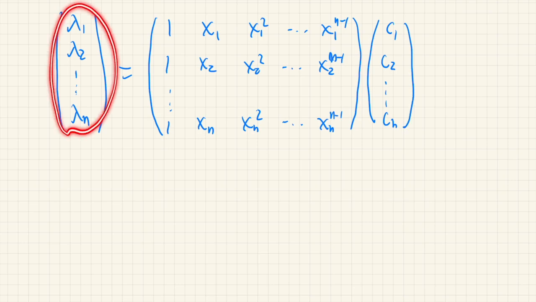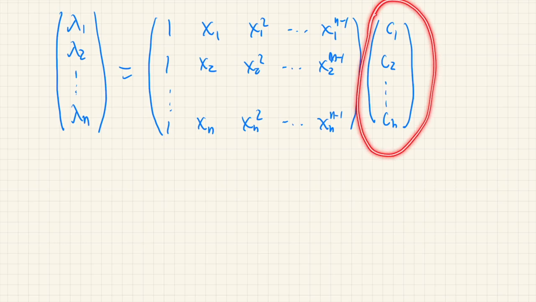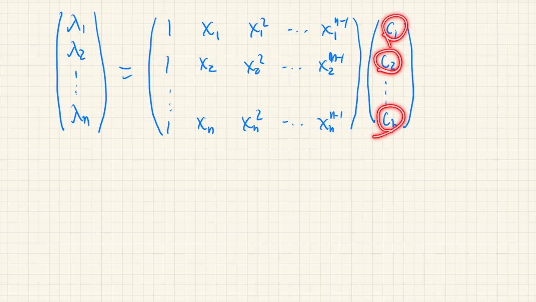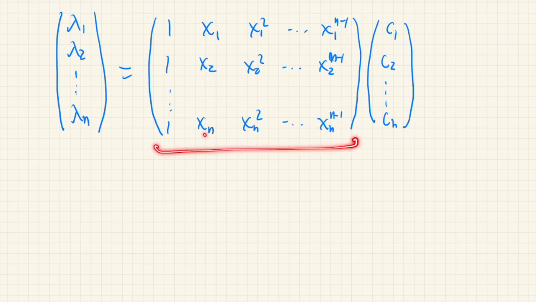And this vector of lambda is a known vector because all the values of lambdas are known. And this vector of c's is unknown because we want to find these values of c's. And this matrix consisting of x1, x2, and so on, is a known matrix because the values of x's are given.